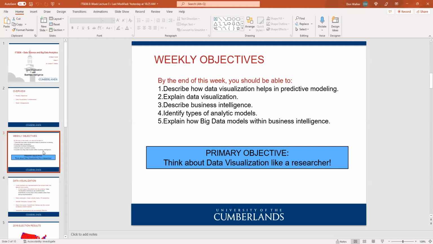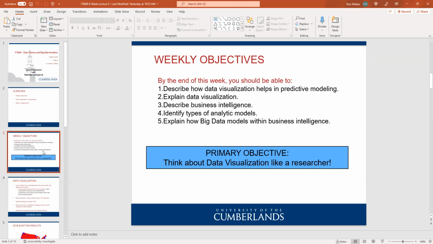But think about data visualization like a researcher. How would you describe a phenomenon or a problem or an opportunity, and then pose research questions that could be answered, like what percentage of executives consume business intelligence on a daily basis?